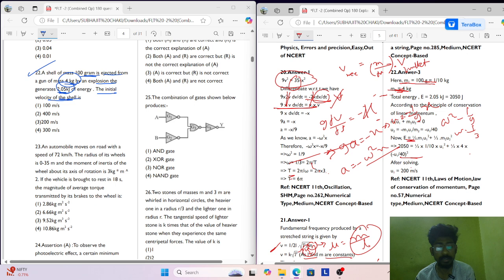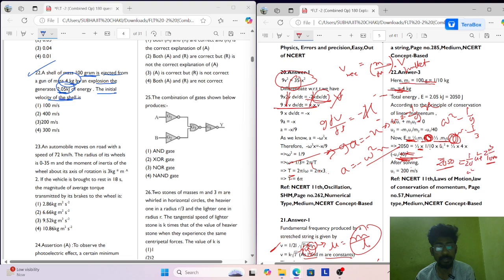Now put the energy conservation formula here. E equals half of m1 u1 square plus m2 u2 square, where u1 is the velocity of bullet and u2 is the velocity of gun. Now put the values here. Half of 1 by 10, u1 we don't know, u2 is u1 by 40. Now 2050, what is 2050? This is 2.05 into 1000, kilojoule. This is 1 by 20 u square. This is 1 by 2 u square by 1600.